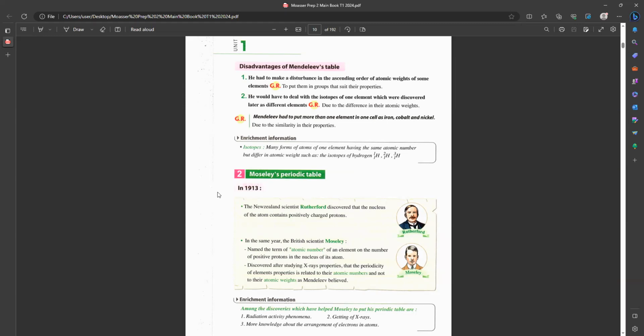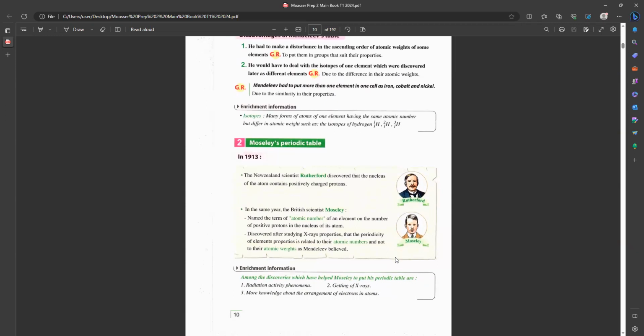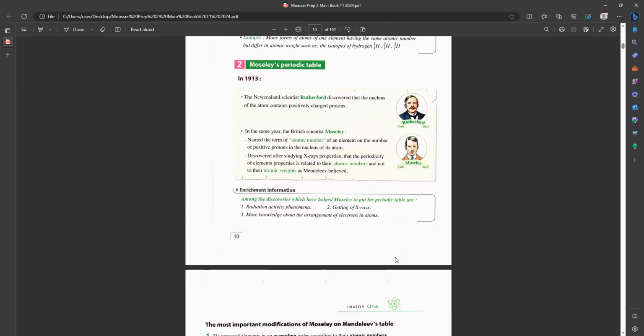This is Rutherford who discovered that the atom has a positively charged nucleus in its center. Rutherford, the New Zealand scientist, discovered it.